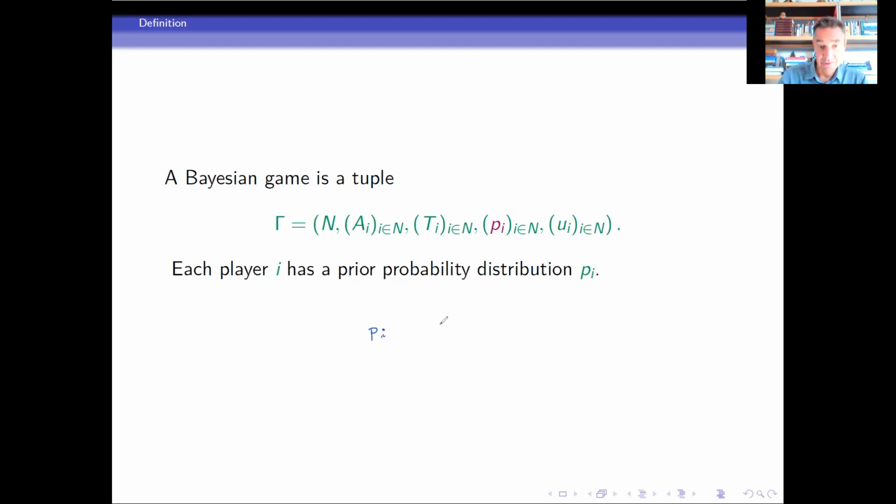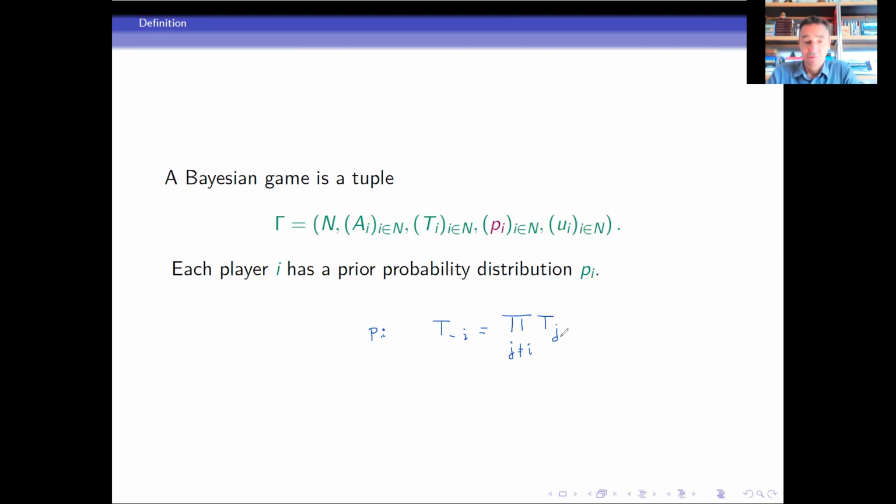So Pi is a probability distribution on what is denoted by T minus i, which is the product space over all types other than yourself.